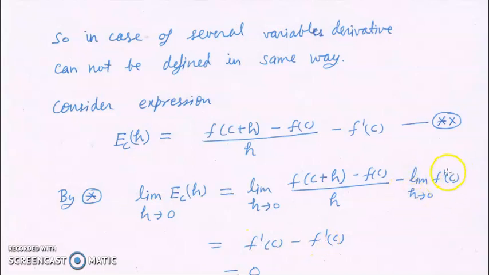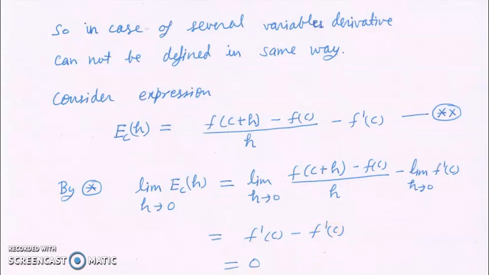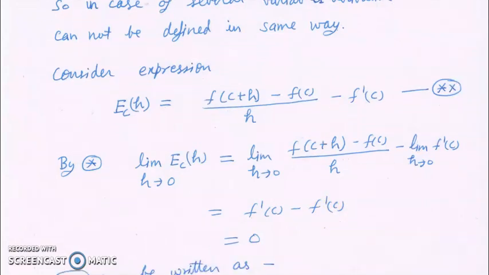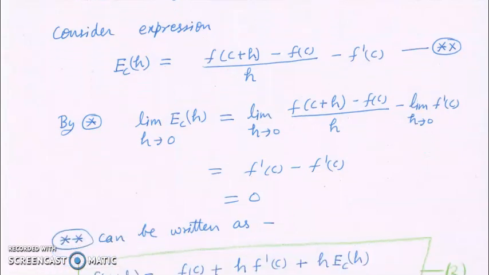And here there is no h, so this will again turn out to be f dash c, and their difference is 0. Okay, so it means this E(h), when h is going towards 0, is going towards 0. This E(h) is called the error term. So as soon as h goes towards 0, this E(h) will go towards 0.